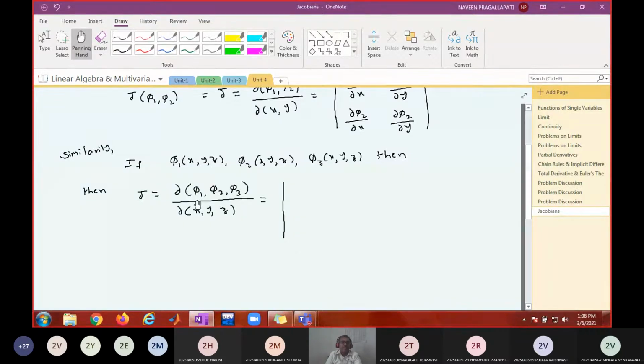First row will be dou phi 1 by dou x, dou phi 1 by dou y, dou phi 1 by dou z. Second row is dou phi 2 by dou x, dou phi 2 by dou y, dou phi 2 by dou z.